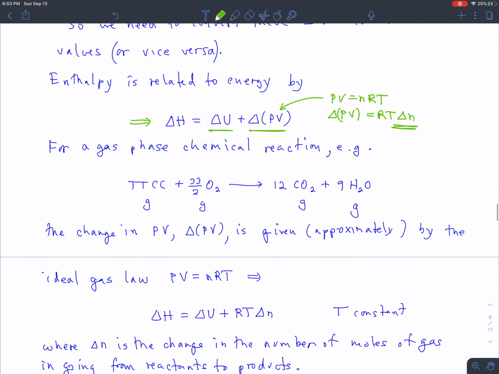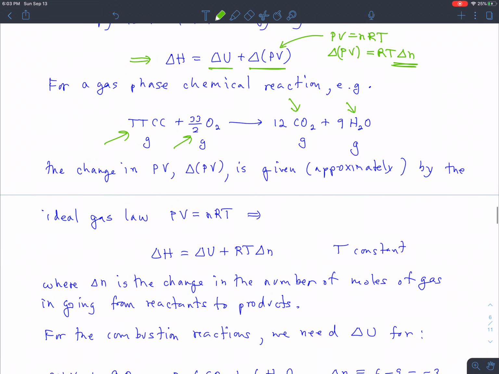So, for example, if we burn TTCC in the gas phase with the appropriate amount of oxygen, and we get a certain amount of CO2 and a certain amount of water vapor, and assuming that all these things are in the gas phase to start with, then delta N would be, we're gaining 9 plus 12 or 21 moles of gases, and we're losing 33 halves, or what is that?